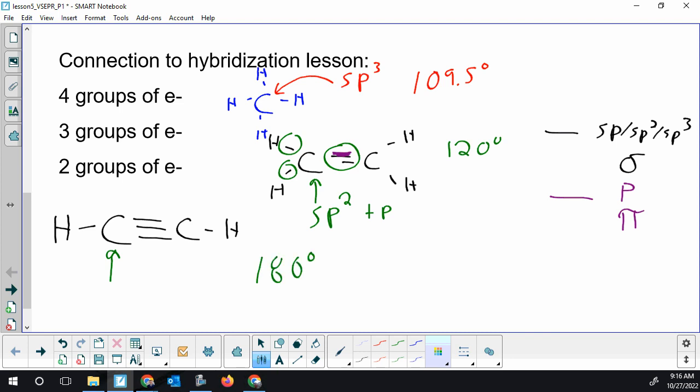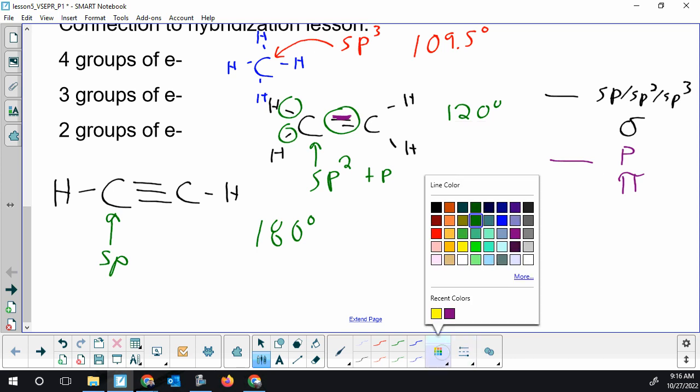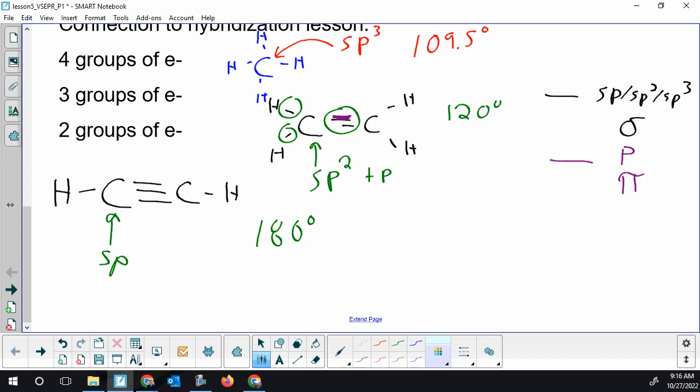What's the hybridization? Well, there's 2 different groups of electrons. We have to hybridize 2 orbitals, an s, and we only need 1 of the p's. That leaves 2 p's left over, which leads to 2 extra bonds. So the first bond between the C, or the only bond between the C and the H, is one of these sigma bonds from a hybrid orbital.